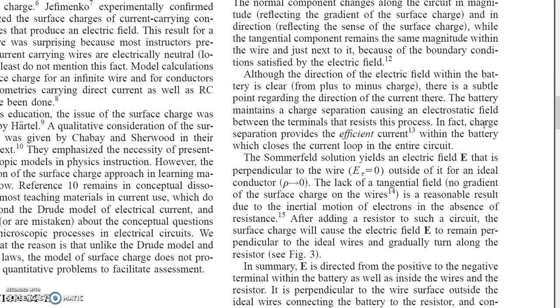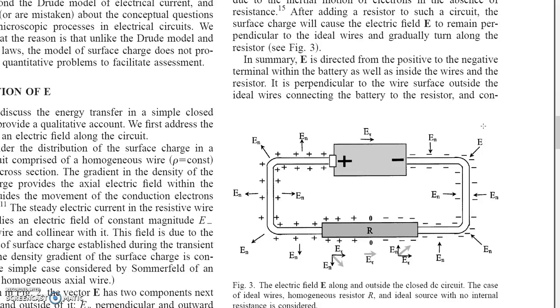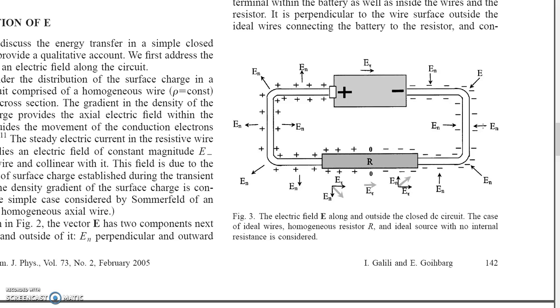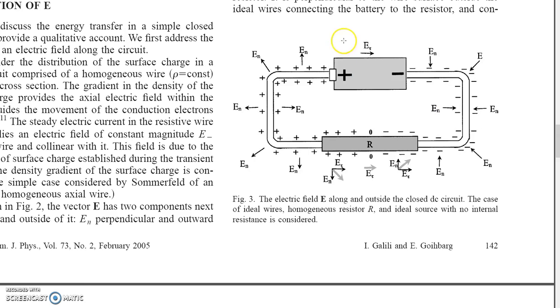Now we move on and we look at a circuit containing a resistive element. To simplify things, they've assumed in this diagram that the wire has zero resistance. So the tangential component of the electrical field in the wire has disappeared.